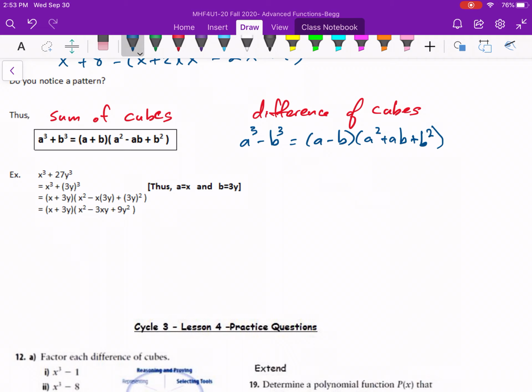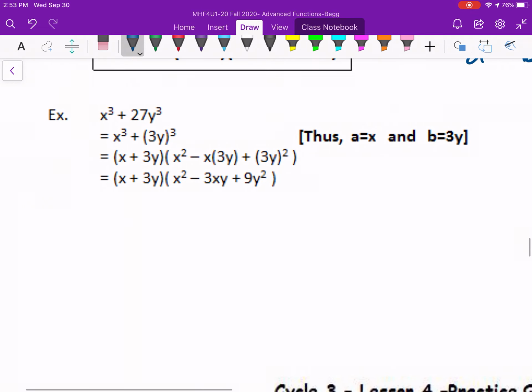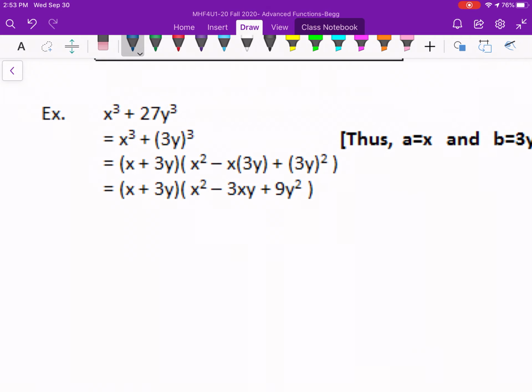We can then use the formula again if we recognize the different parts. So here's an example. X cubed, that would give us an a value of the cube root of x cubed.